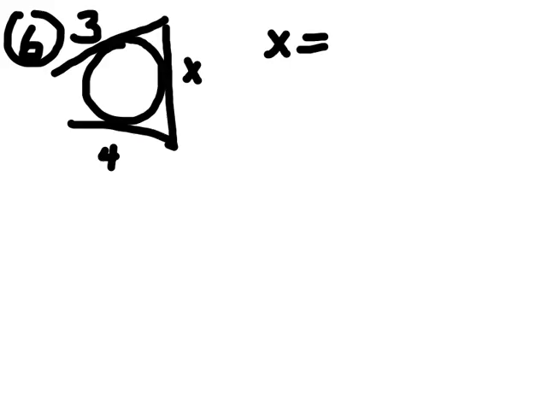Okay, so here I suspect we're going to have to draw some lines in. One of the things I'm going to do is come in here and put the center of the circle. I think it's telling me, let's see, I'm drawing a radius here. I think it's telling me that from here to here is 3, and from here to here is 4.